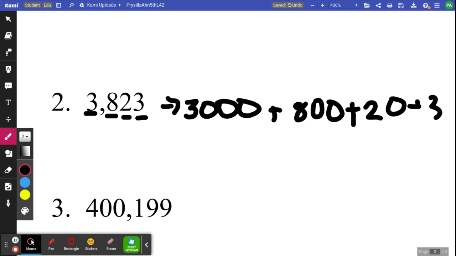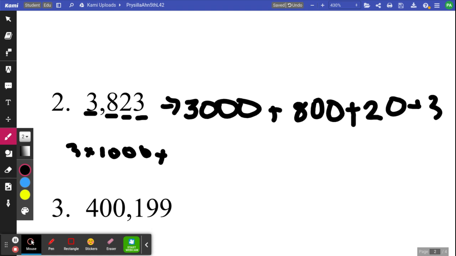Now we're going to evaluate further the 3,000, 800, 20 and 3. What places are they? The thousands, right? So how are we going to rewrite 3,000? 3 times 1,000. That's how you evaluate this 3,000. Plus, now let's evaluate 800.